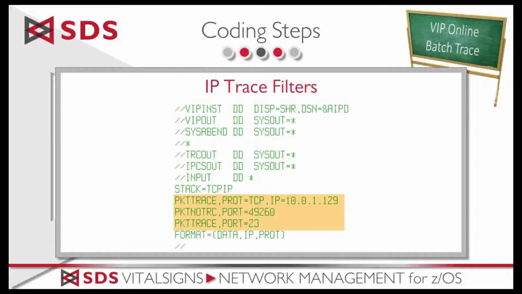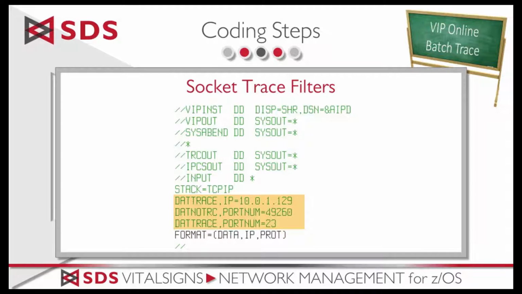If the trace entry contains port 49260, it's rejected, and no other filters are examined. Finally, if the trace entry has not matched either of the first two filters, the third filter is examined. Then, if the trace entry contains port 23, it's selected. The practical result is that any entry that contains an IP address of 10.0.1.129 and any entry that contains port 23 but not port 49260 will be selected in part of the trace.